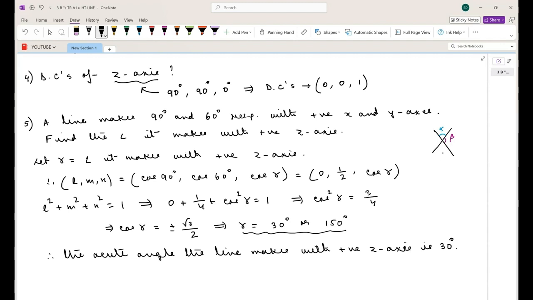And if it is more than 1 mark, then usually I tell my students to give both the values: the acute angle is alpha and the obtuse angle is 180 minus alpha, which is beta. Similarly here, the angle between the positive direction of z-axis and the line could be 30 or 150. But if we take the acute value, then it is 30. So this is the main answer.